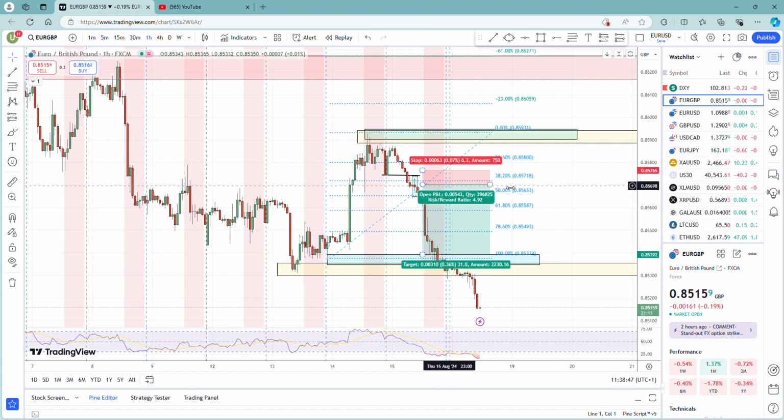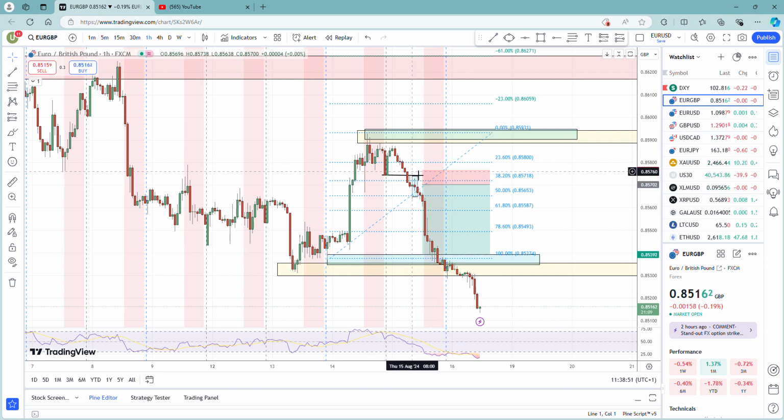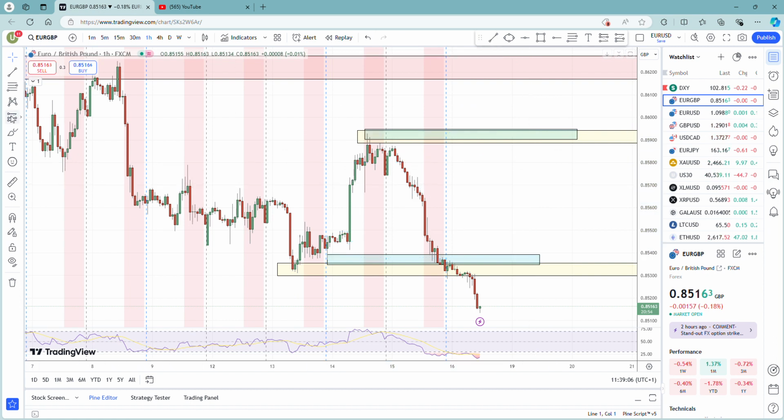So as you can see, look at that entry, and look at that, it went all the way down, trading from one level to another, only London session, and I made 30 pips. Easy as that, guys.